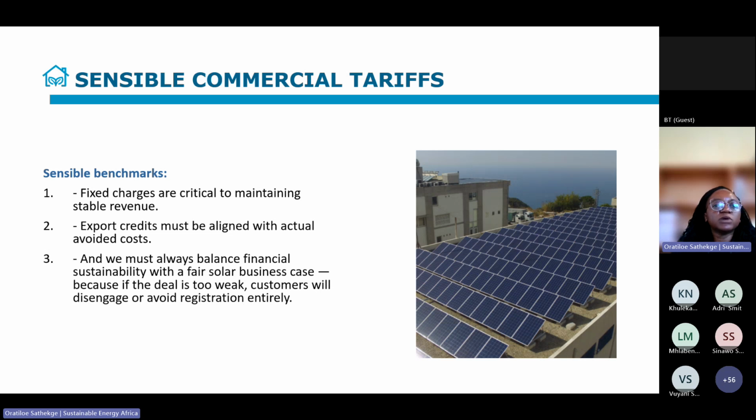So with the last municipality that we saw, their export credits were slightly lower than their energy charges. So we must also remember that there is a balance that we can strike between the two.